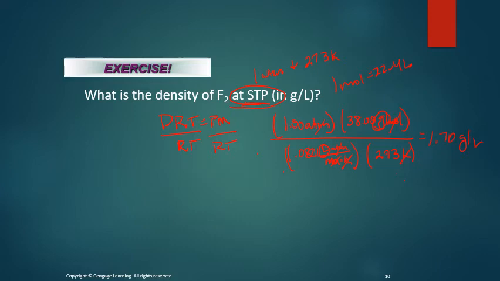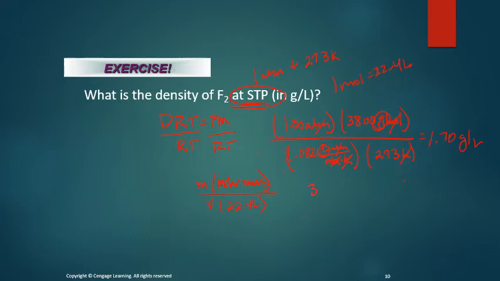So instead of using the density equation, we could simply take the mass, which in this case would be our molar mass, and we could divide it by the volume, which we know would be the 22.4 liters, because molar mass is defined as the number of grams found in 1 mole, and the volume is 22.4 liters for every 1 mole of a substance.